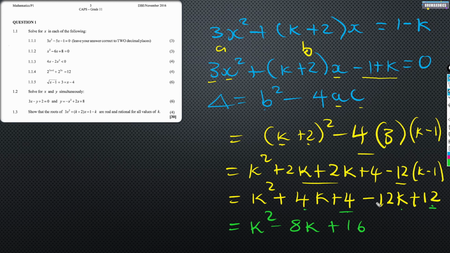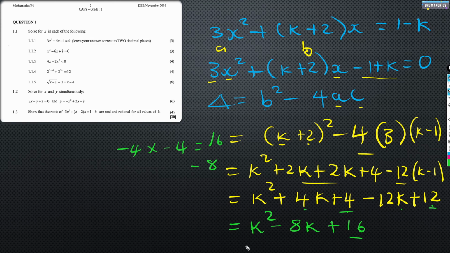So if you check here, you will see that this will give us a perfect square, and the roots are real and rational in a way, because what can we multiply and get positive 16, and when we add them we should get negative 8. That will be negative 4 times negative 4 will give us 16, and when we add them we're going to get negative 8.